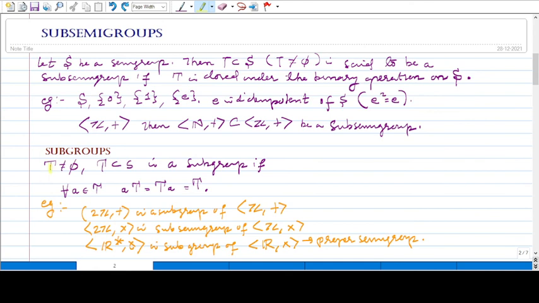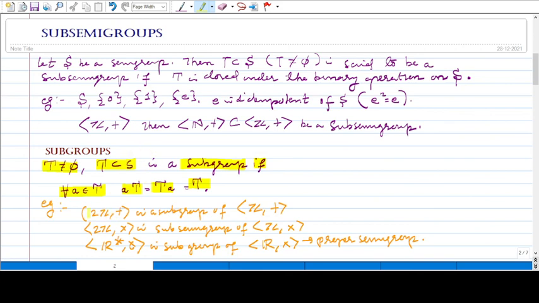So if T is non-empty and T is a subset of S, it's a subgroup if you have this property: for every A belongs to T, AT equal to TA equal to T. It is very simple to prove that it is closed under the binary operation because for any A belongs to T, AT equal to T. That means T square definitely would be a subset of T. If this property holds, we say that T is a subgroup.